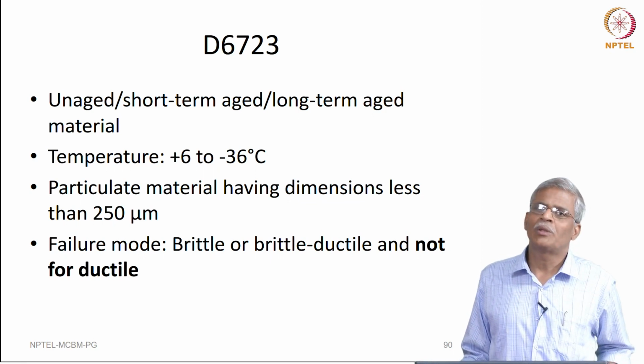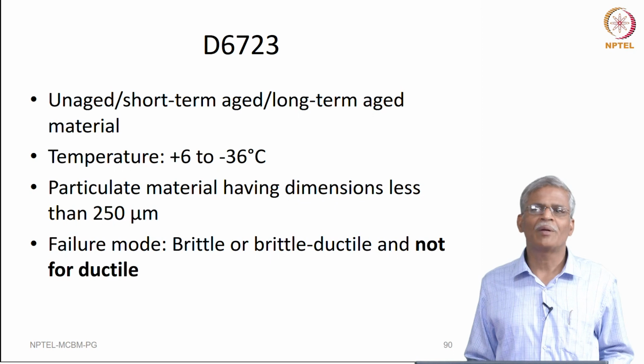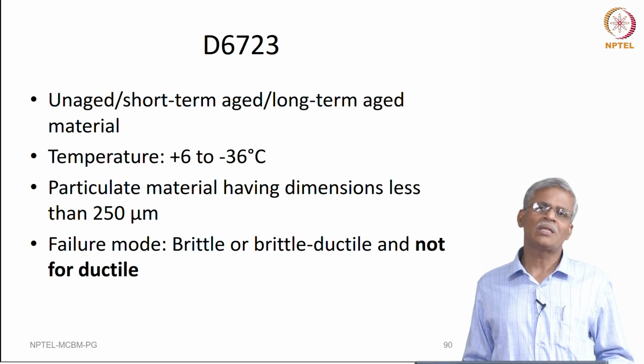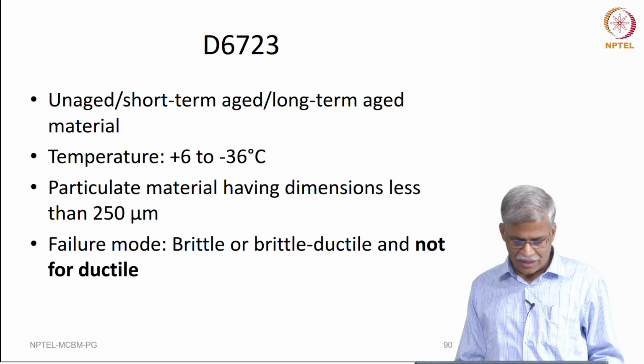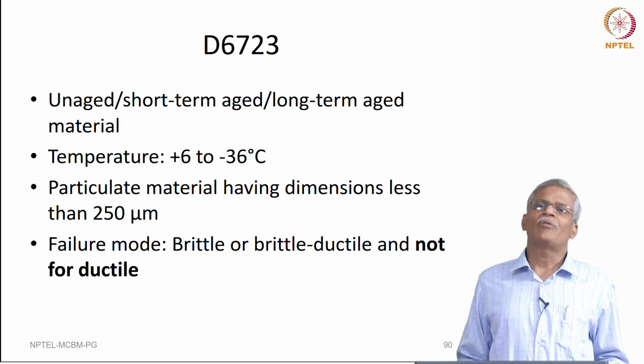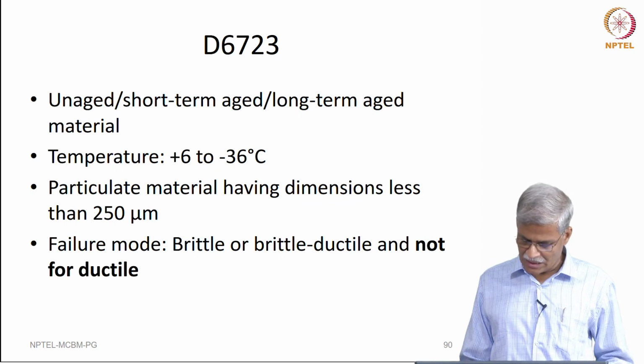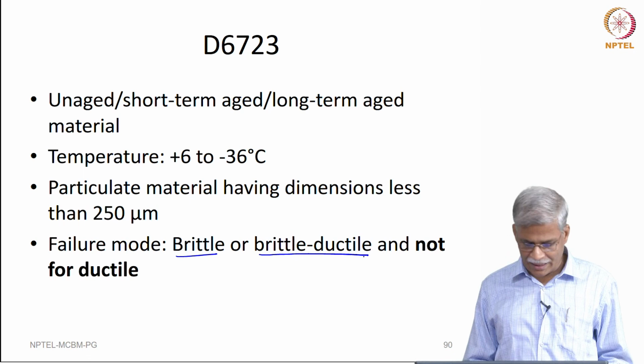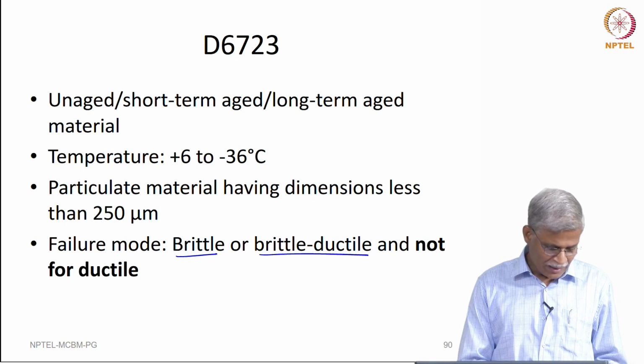Sometimes it is possible that you could also have rubber modified binders in which some of the rubber particles may be having sizes more than this, in which case this test will not really be applicable. And the failure mode that is permitted is brittle or brittle ductile, and definitely not the ductile mode.